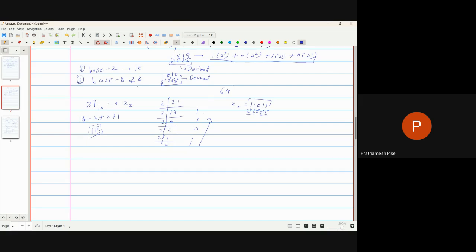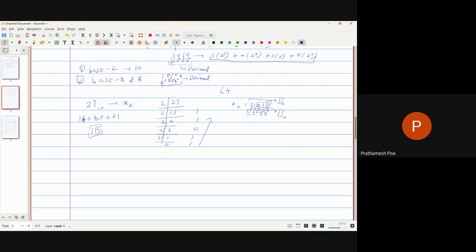Base 16 is better because we can just take four digits and convert them directly to a single digit of base 16. This is also true with base 8: we can just take three digits and convert them directly to base 8.